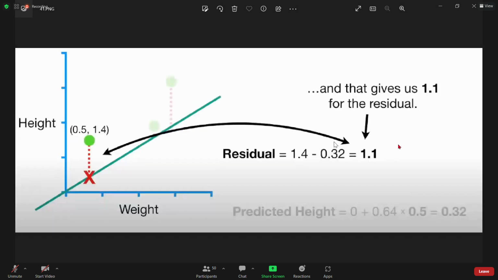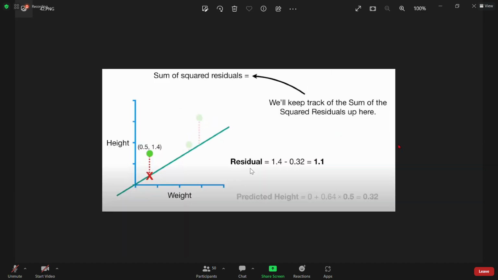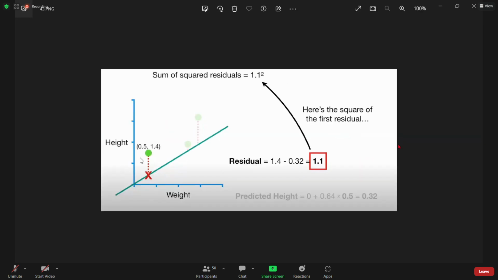So here, what is the formula? The residual squared. For this data point, the sum of squared residual is 1.1 whole square. Do you understand, everyone? Online team and offline team, is everybody clear or not?